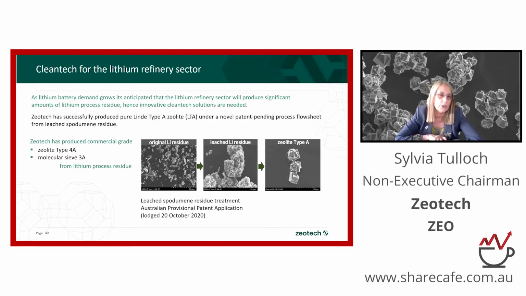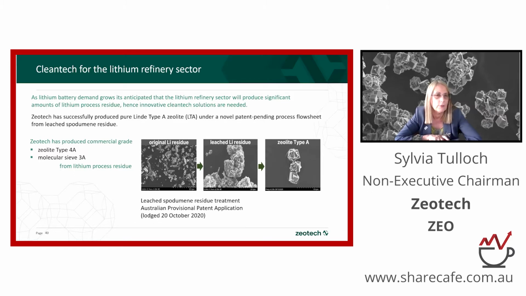Another important issue in the clean tech sector is how do you deal with waste from all of those materials that we've been hearing about earlier in this program that we need for batteries and other renewable energy processes.